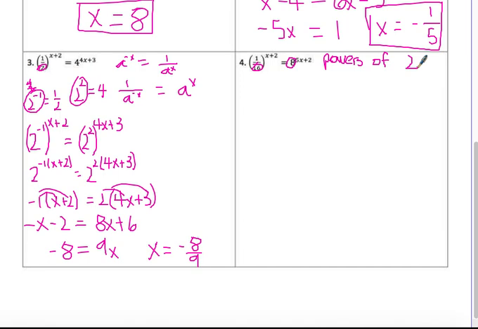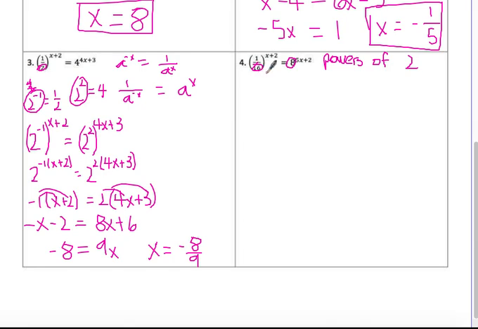But again, just a little bit of guessing and checking, especially for right now, since you know that every equation we're going to deal with for the next day is going to be solvable with this method. You know that there's going to be a common base. So just try out a few numbers. I'm not a mean person. I'm not going to make you do things like bases of 13 on both sides.